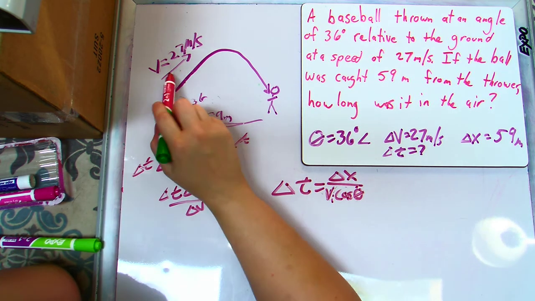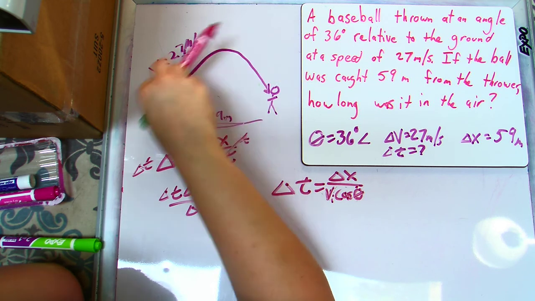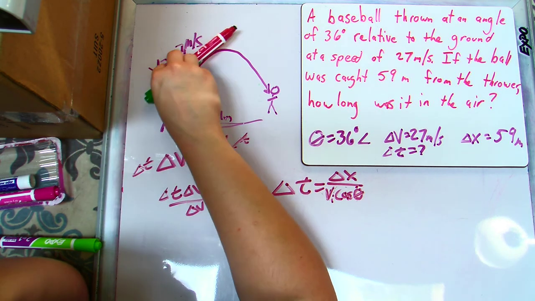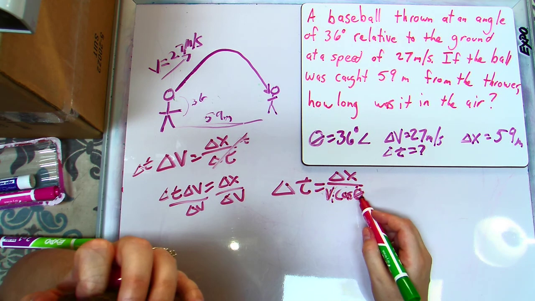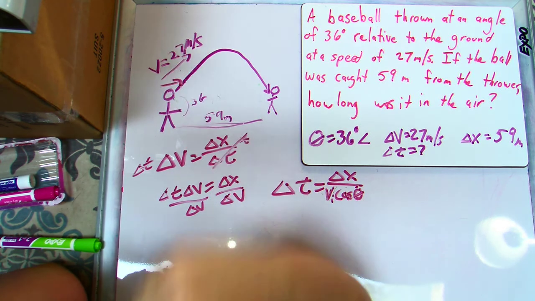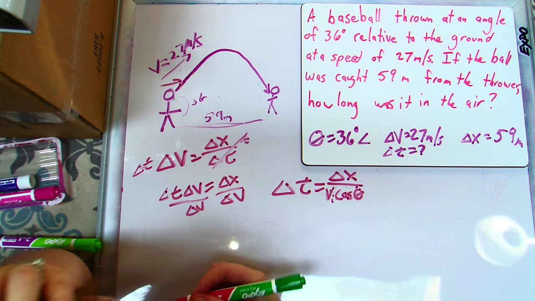Because we have to take into account, it's not going 27 meters per second straight horizontally, it's going 27 meters per second upwards at an angle. So we have to take that into consideration so we can find the horizontal component of it, just like when we were resolving vectors.